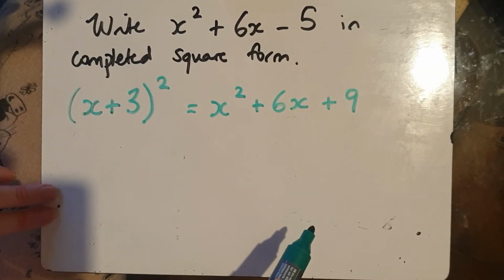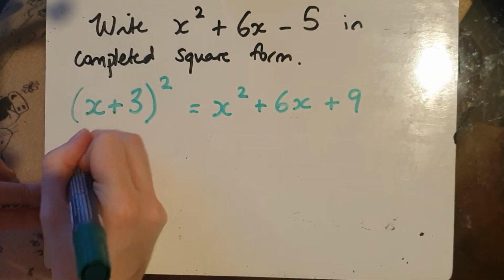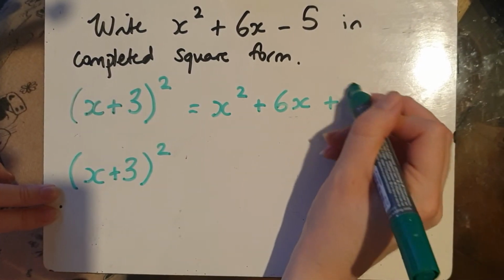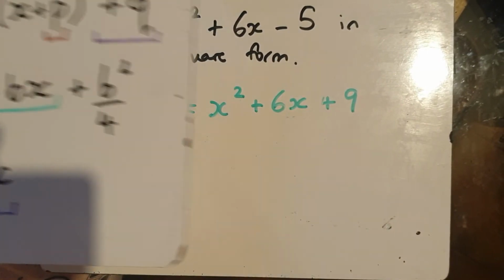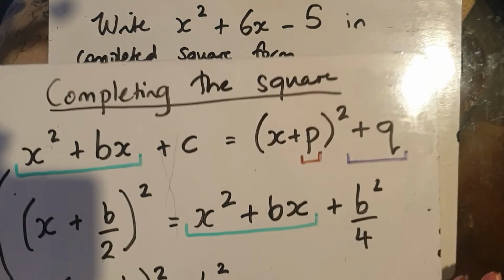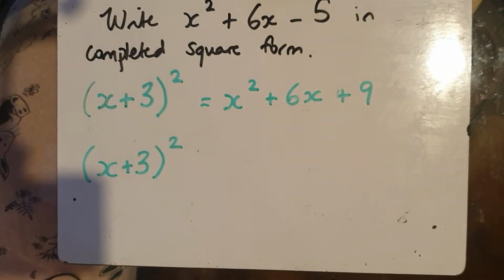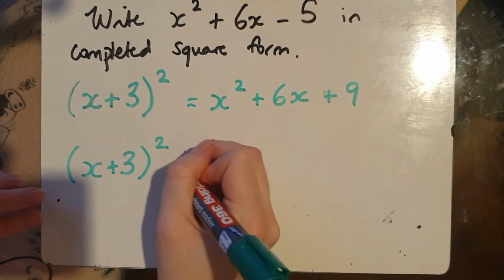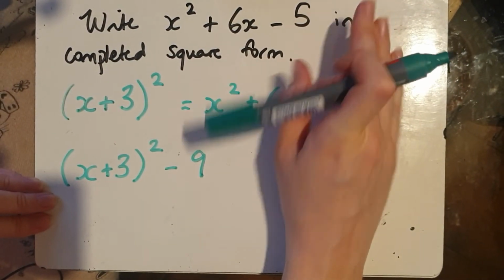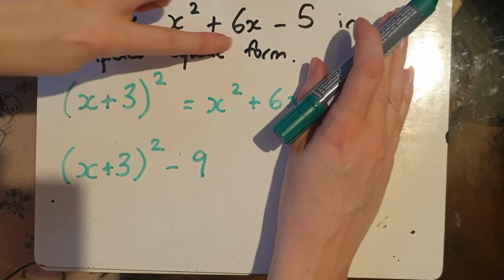So to write this in completed square form, I would do x plus 3 squared minus 9, because that 9 relates to the b squared over 4 here, and I subtract that. So minus 9, because when I subtract 9, that leaves me with just the x squared plus 6x, which is what I want here.